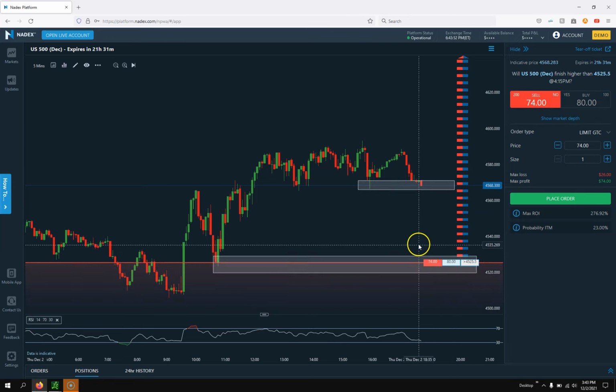I think we're going to close below this level. But essentially, all I'm saying is I think we're going to fall all the way down to this level. Well, look at my risk. It's only $26 that if we get all the way down here, and I hold and we close tomorrow, it's going to be worth $74. That's a 3-to-1 risk reward.